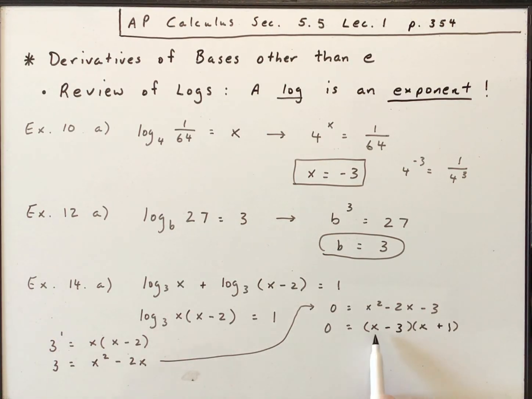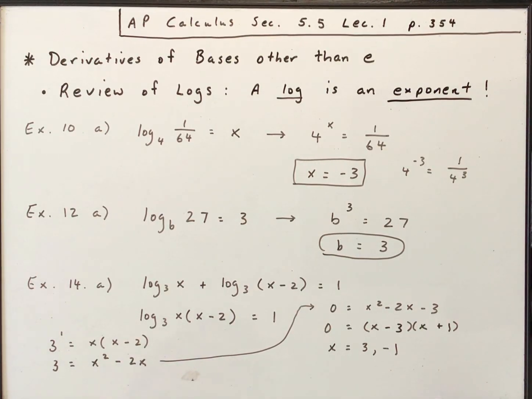If we FOIL that back out, I'd have x squared minus 3x plus x. That'd give me minus 2x, and then negative 3 times 1 is negative 3. And then I'll set each parenthesis equal to 0. So we'd have our answers x is equal to 3, and what makes this expression 0 would be negative 1.